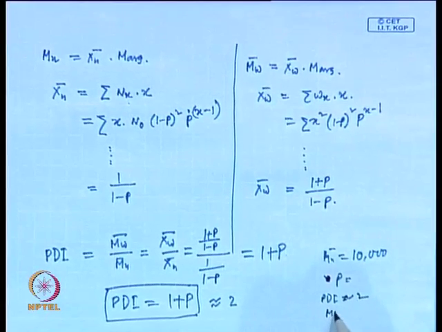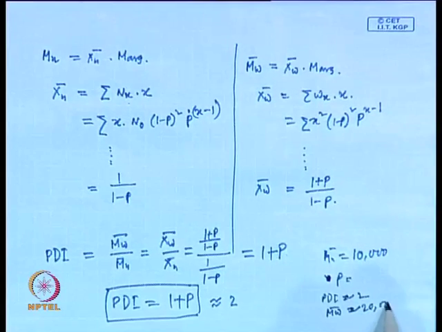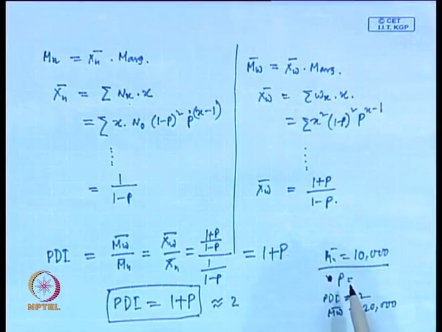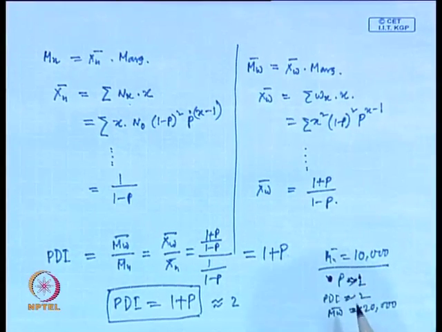So, you know Mw bar is close to 20,000. From a single data of Mn and the structure you know all the others: p is close to 1, in this case exactly 98%, but for all purposes we can consider p as 1, PDI close to 2 and Mw close to 20,000. Okay. So, this should be clear.